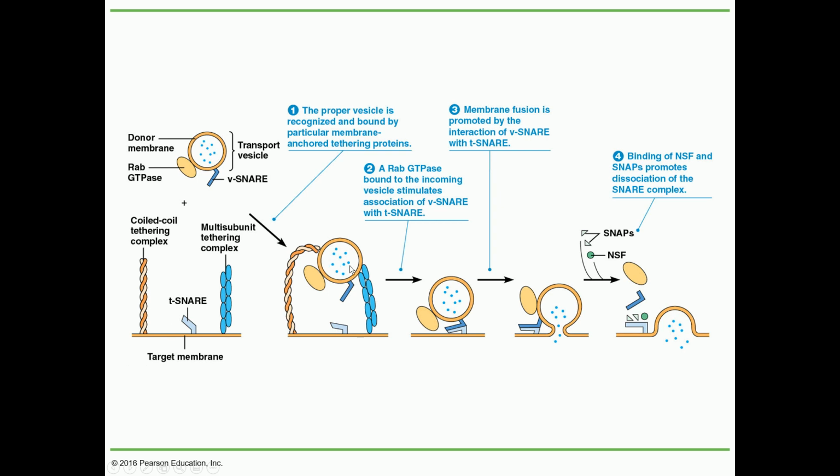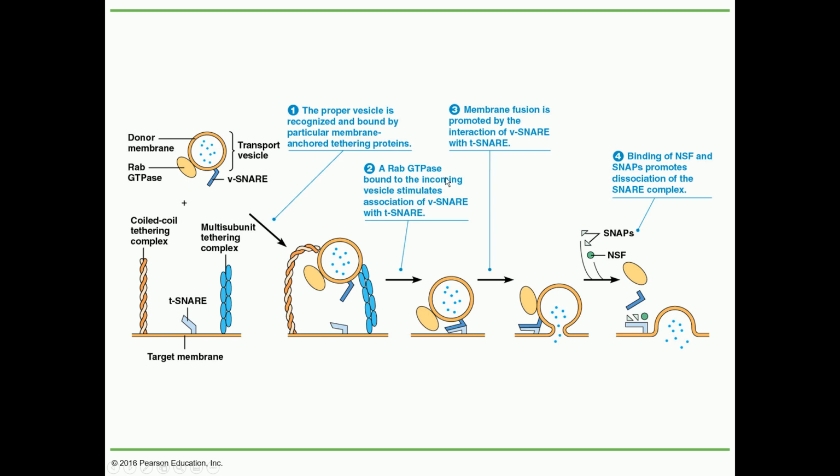You can see that the vesicle has reached here, and these tethering proteins are helping in the binding of this vesicle to the membrane. And how are they going to help? By mediating the attachment of the V snare to the T snare.